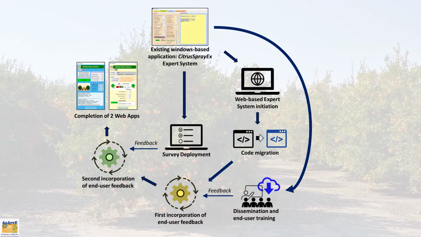AirBlast Spray Planner web app, which aids with sprayer calibration calculations similar to Citrus SprayX planning section, and AirBlast Spray Advisor web app, which simulates the Larbi-Salyani spray deposition model to predict % on-target deposition, ground deposition, and potential drift in citrus application similar to Citrus SprayX evaluation section, but with enhanced features and information.